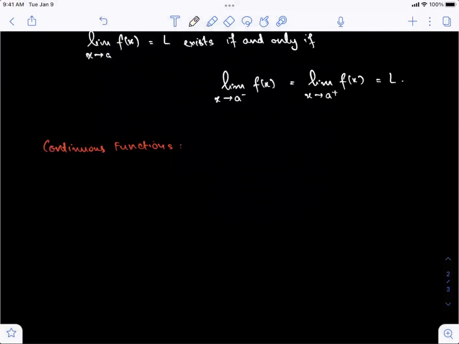And a function is continuous at a point a if it requires three things.